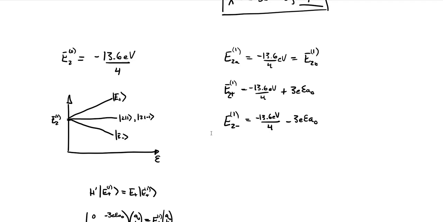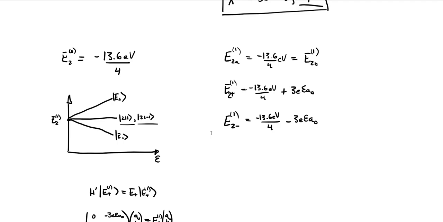So what does this all mean? Essentially, applying this electric field to our hydrogen atom took our n equals 2 states. It left these two the same, but it took that S and P0 states, that L equals 1 and m equals 0, and our L equals 0 and m equals 0 states, and coupled them together, and those coupled states have a dipole moment.